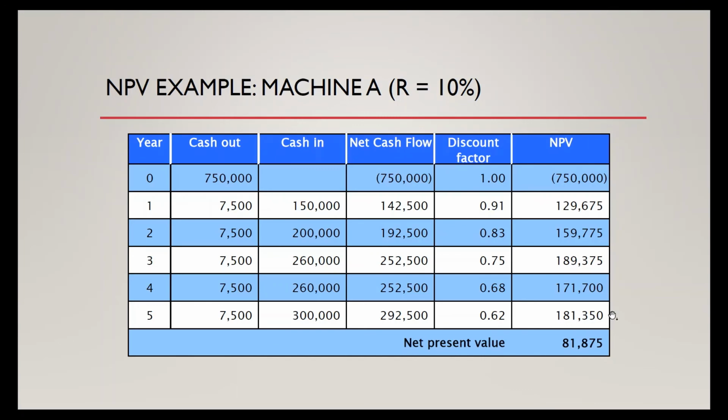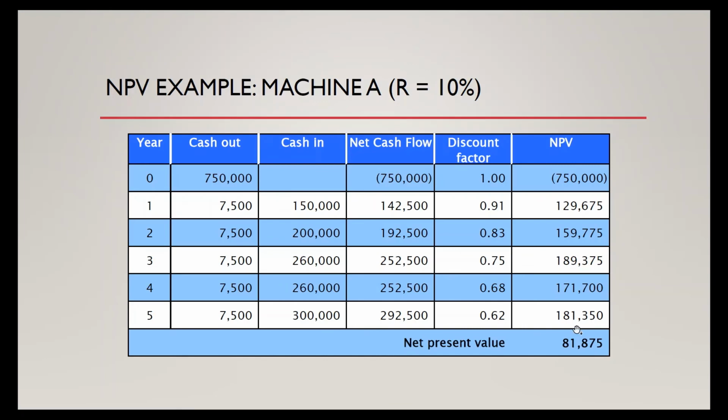Then if we multiply the 0.62 by the 292.5 thousand, then it gives us a present value of 181.35 thousand. In this case, for the net present value, we just need to add up all of the value from the present value. So the negative 750 plus 129.675 thousand in year 1 plus 159.775 thousand in year 2 plus 189.375 thousand in year 3 plus 171.7 thousand in year 4 plus 181.35 thousand in year 5.